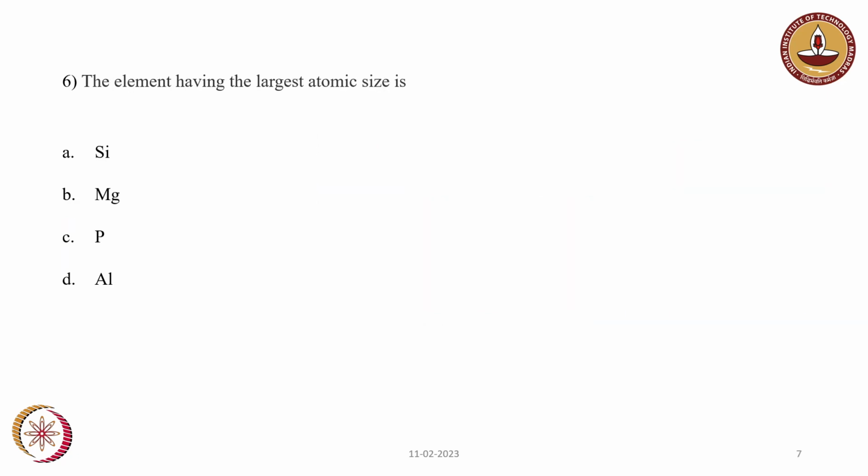And the next question is, the element having the largest atomic size. Option A is silicon, B is magnesium, C is phosphorus, and D is aluminum.